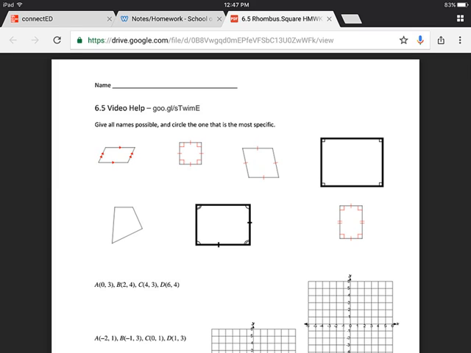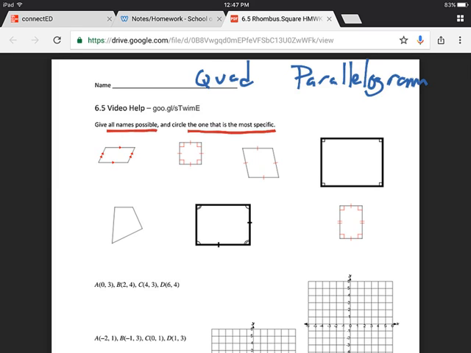Okay? Now the top part says, give all names possible and circle the one that is the most specific. So here are the names that are possible. It's either a quadrilateral, a parallelogram, it also could be a rectangle, it could be a rhombus, or it's a square.